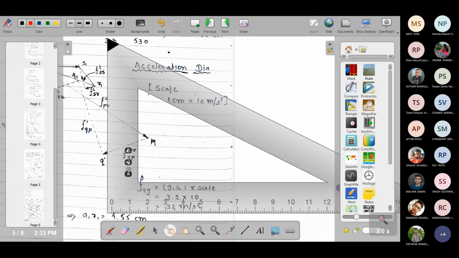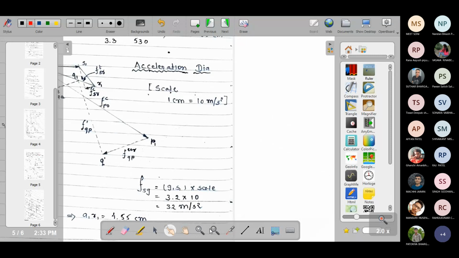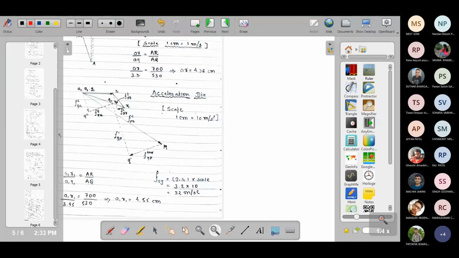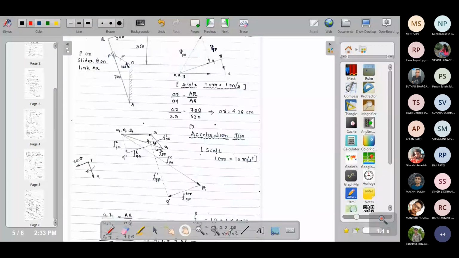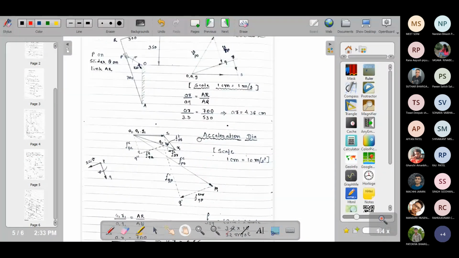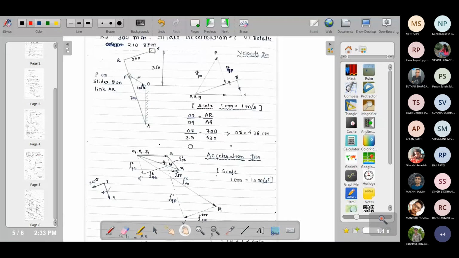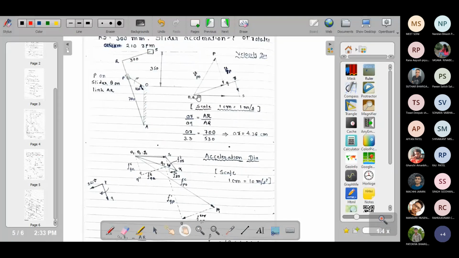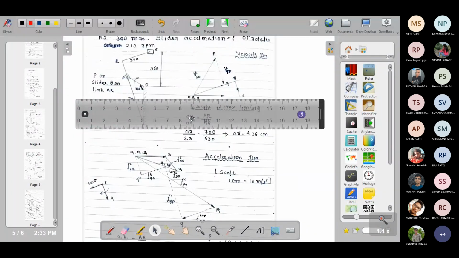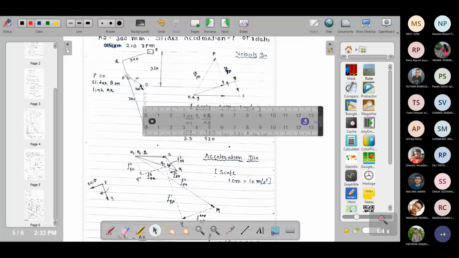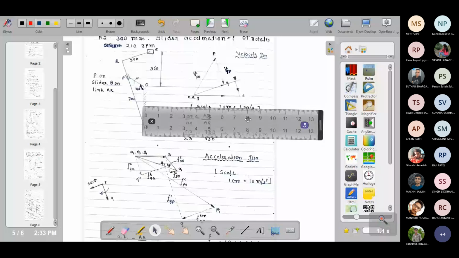Are you getting my question? I asked you to find the velocity of the slider, so which component will you measure? Linear velocity. Yes, linear velocity; I never said angular velocity, I asked for velocity. So which component will you measure? Yes, good. O1 to S. Yes, so this component you will measure.